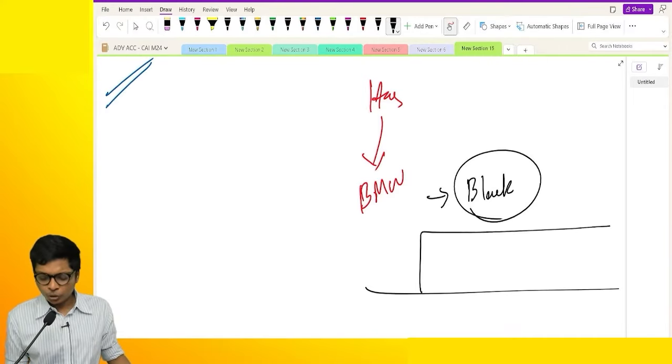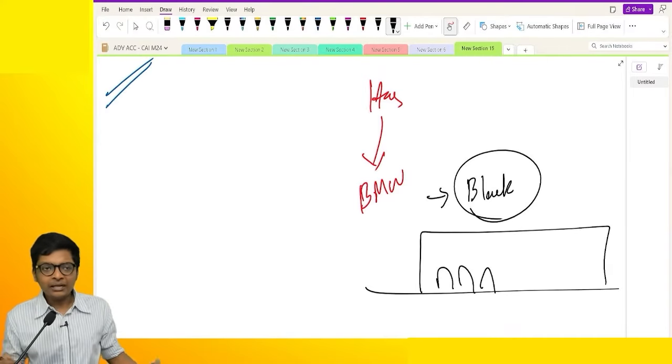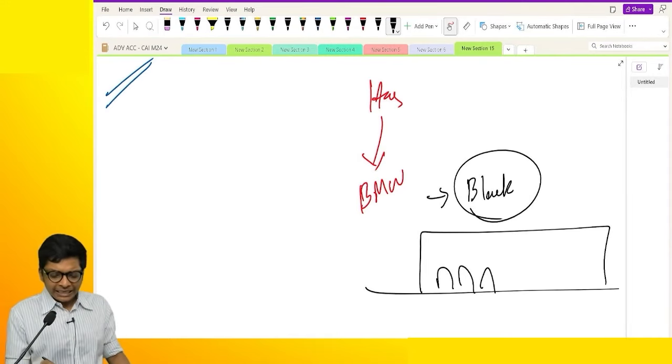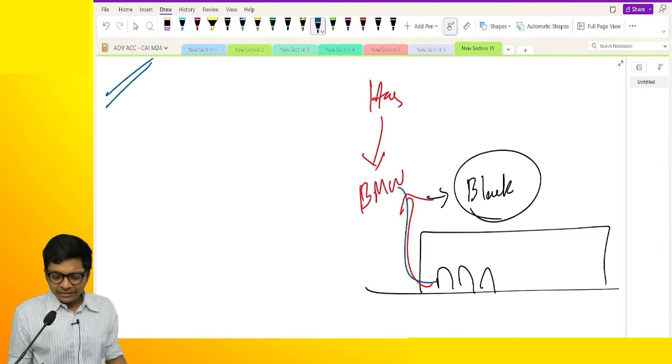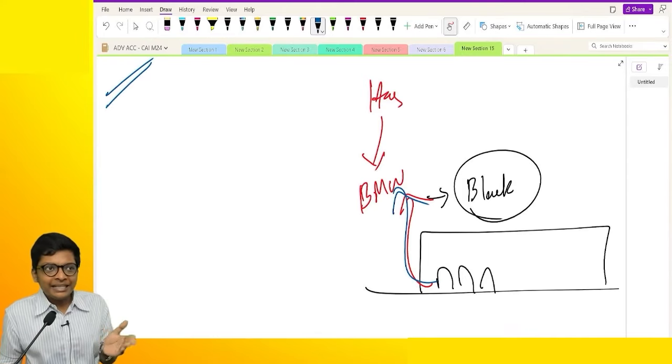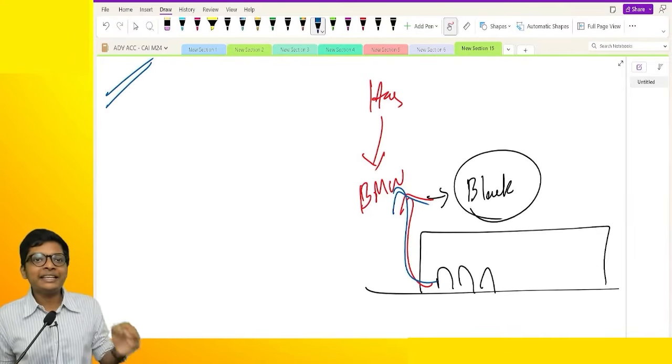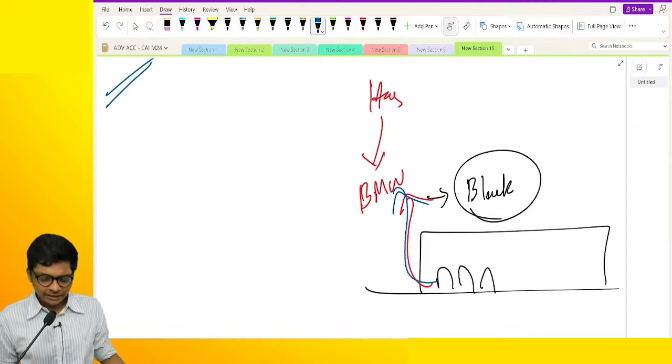In the BMW showroom, there will be hundreds of paint spray cans, so any can be used for his car. That means inventory is ordinarily interchangeable. I can use this or that. You go to a pen shop, there are thousands of pens, and I can use any one pen. That means inventory is ordinarily interchangeable. Are you following, guys? Clear?